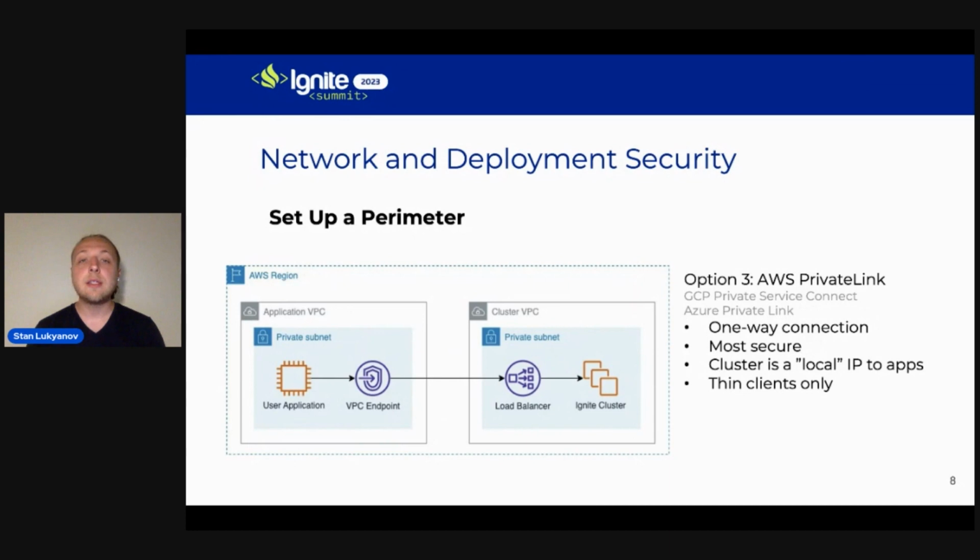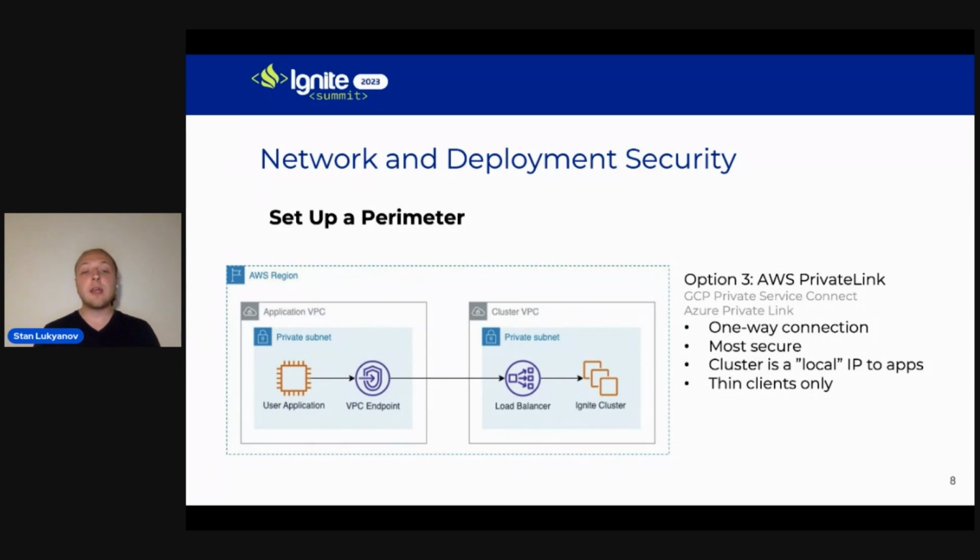Next, a pattern that is even a bit more secure than VPC peering is using technologies such as AWS Private Link or similar technologies on other cloud environments. These technologies allow applications to connect to services deployed to different VPCs and networks, and even deployed in different accounts.